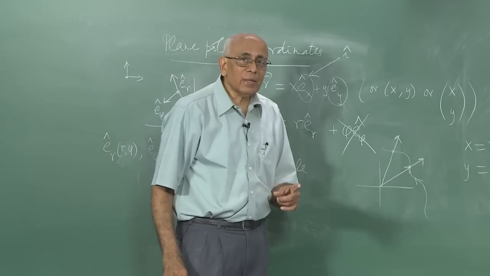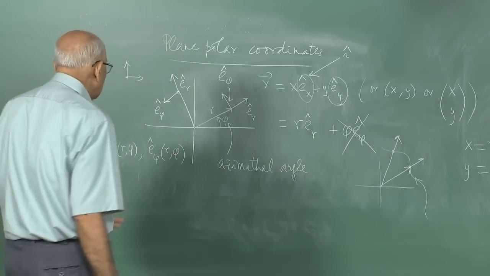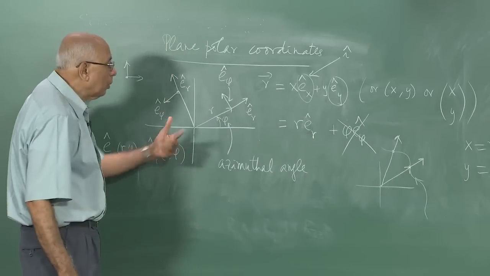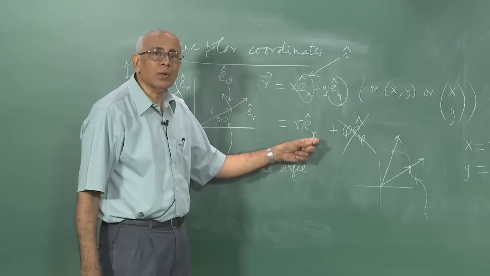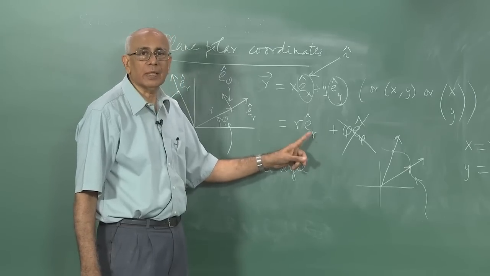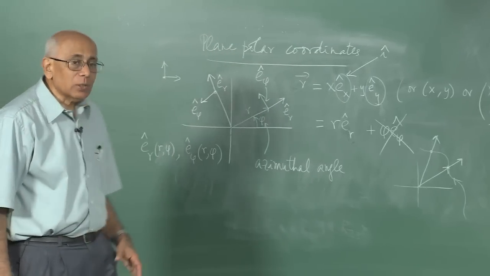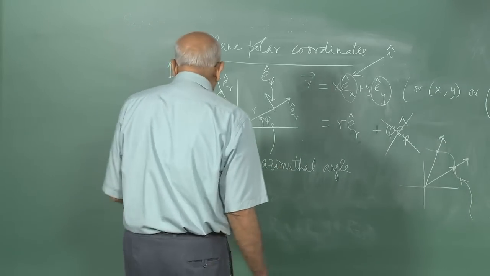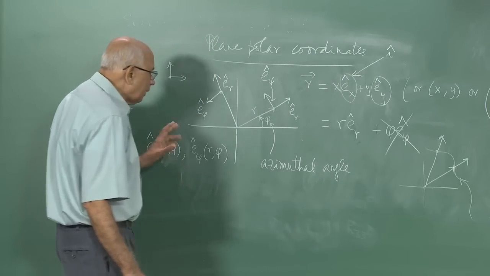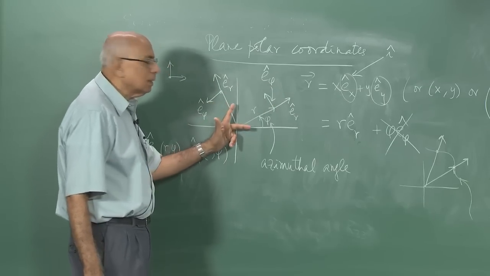So the unit vector also changes with time as the coordinates change with time, and therefore if I am going to compute velocities and so on, I must make sure that I also take into account the variation of the unit vector with time. This is going to be important and it is going to prove to be an advantage as we will see later on. But I hope this is clear that the unit vectors in the Cartesian system are in some sense rigid.